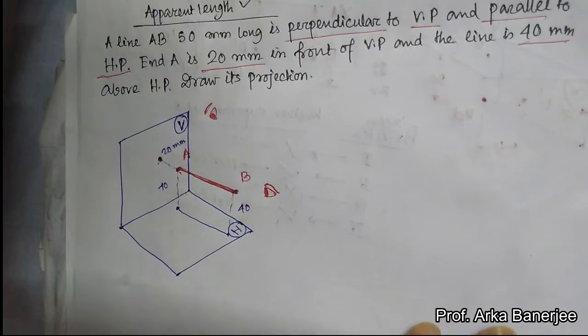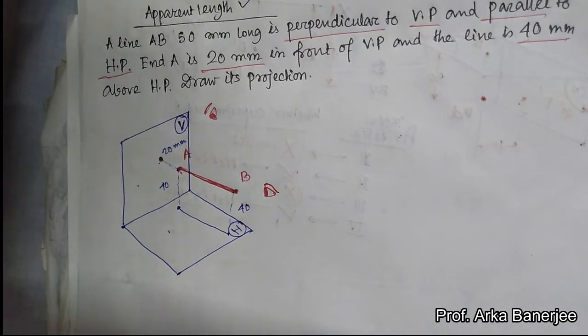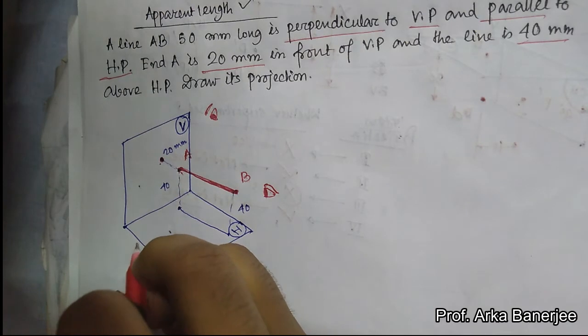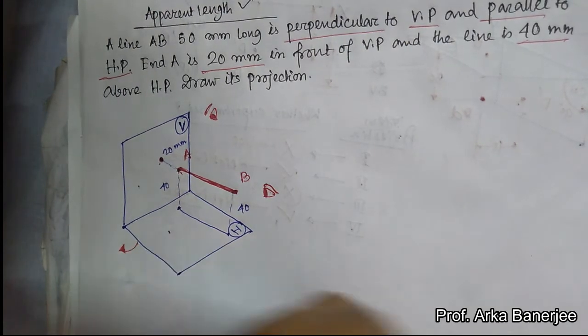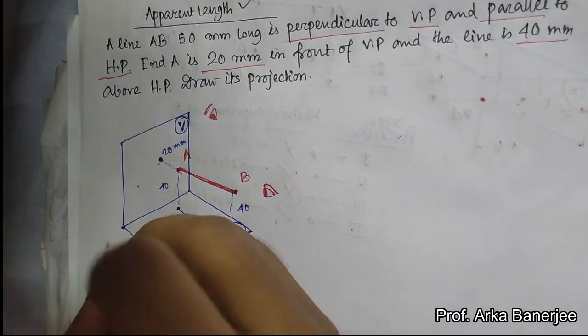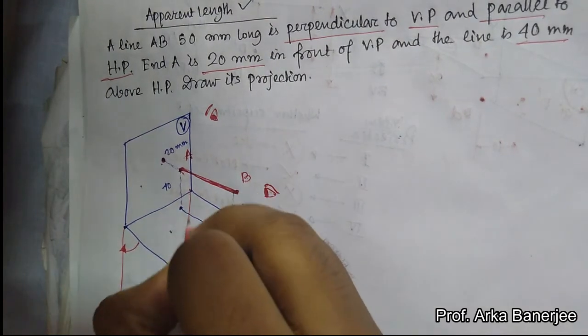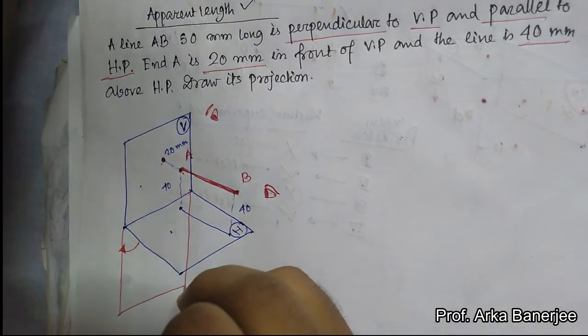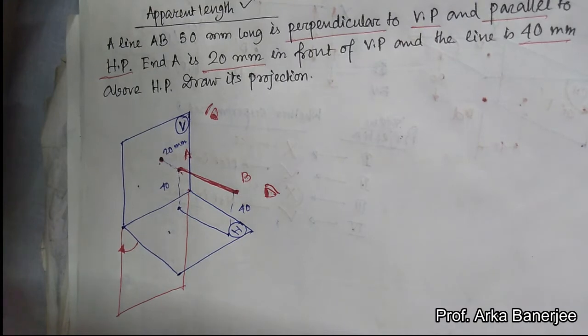So what we basically do is make these two planes, the horizontal plane and the vertical plane, coplanar. In our previous discussion we already said that we are allowed to rotate the horizontal plane by 90-degree clockwise rotation. So we will rotate this horizontal plane 90 degrees clockwise, and it will move to this new position.